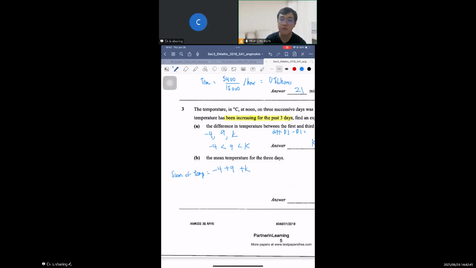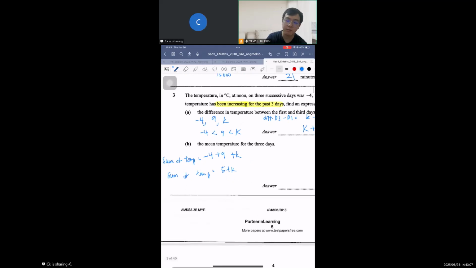So when we simplify it, it will become what? Since k is unknown, we cannot do anything to it. But negative 4 plus 9 becomes 5, plus k. The number of days is 3, right?